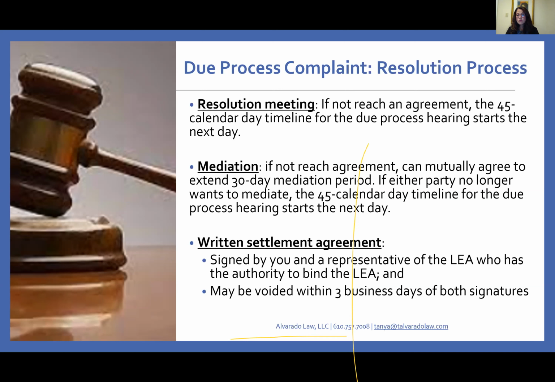But if you've reached an agreement that you're in agreement with, oftentimes it's not the best. It's not everything that you've asked for. It's always a compromise. But sometimes it's better than rolling the dice and letting the hearing officer decide the case, because they might not find in your favor, or they might not reach the type of resolution you could get maybe by negotiating or going through mediation.